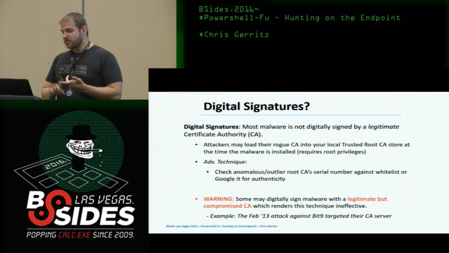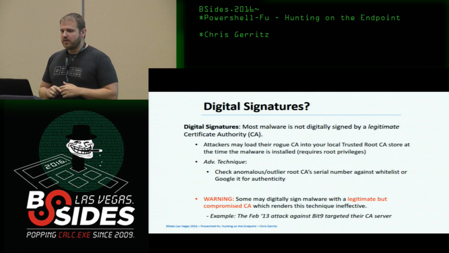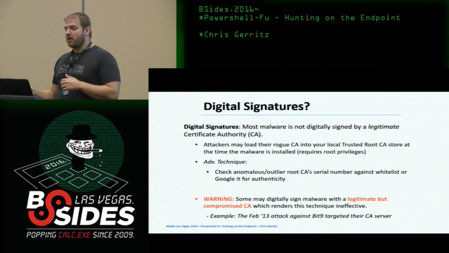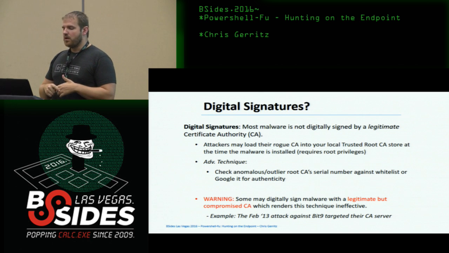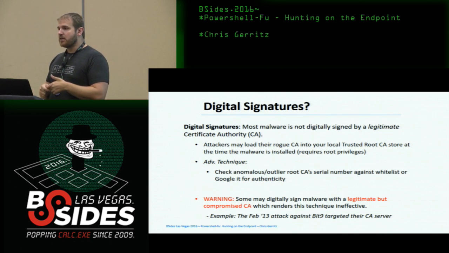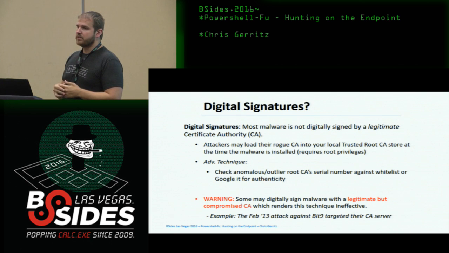Digital signatures. Most malware is not digitally signed, especially when they're popping different DLLs around. And the ones that are, oftentimes they load a rogue certificate authority into your Windows host. So one of the things the survey does is collect all of the certificate authorities that are loaded in the trusted store on every computer, and then we'll be able to check that. They all have serial numbers. They're all searchable online, and you can tell whose certificate authority it is.